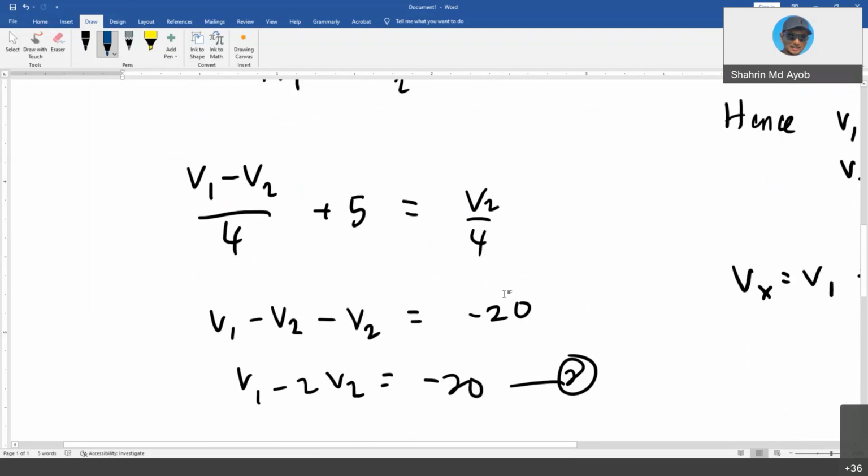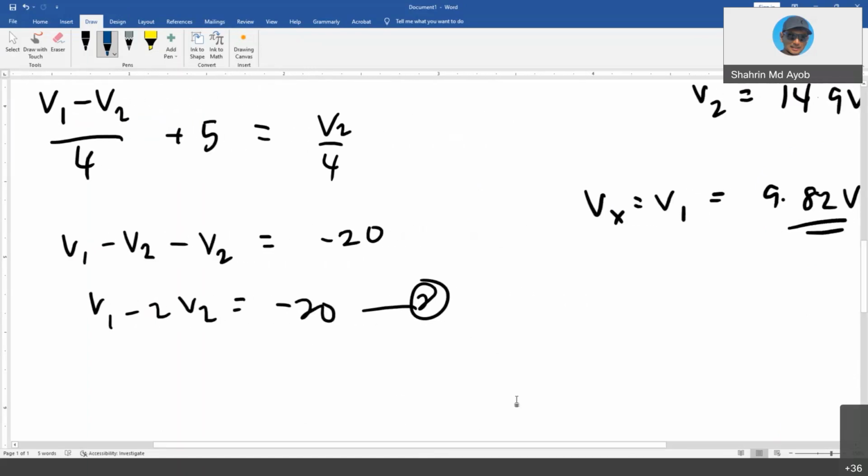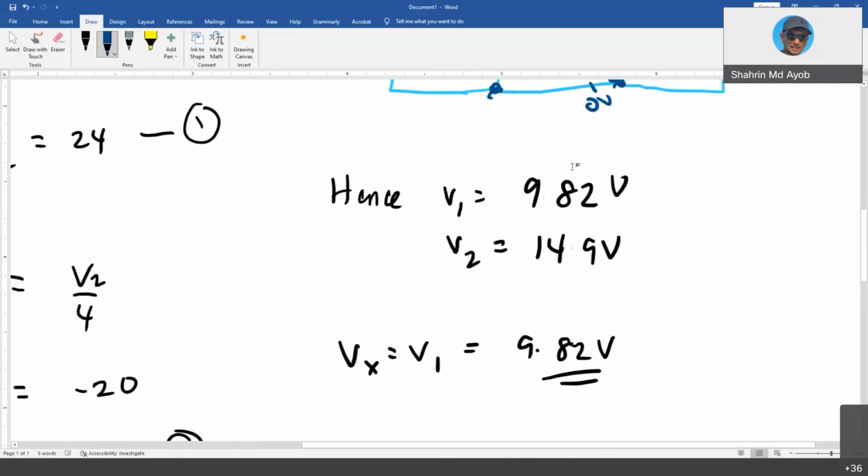After I rewrite this equation, finally I obtain my equation at node V2: V1 minus V2 minus 2V2 is equal to negative 20. Then by using your calculator, you will obtain V1 and V2.